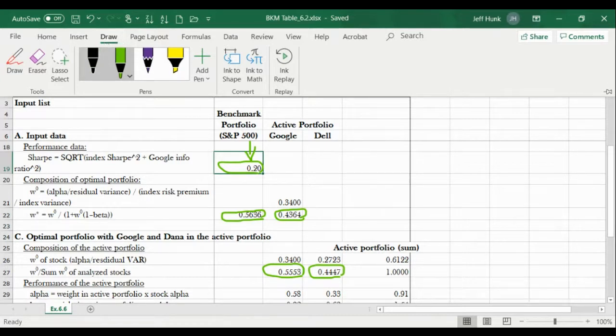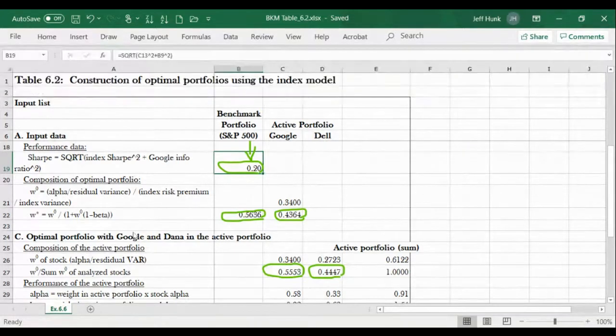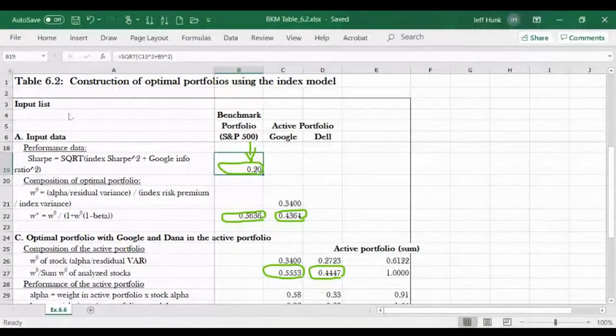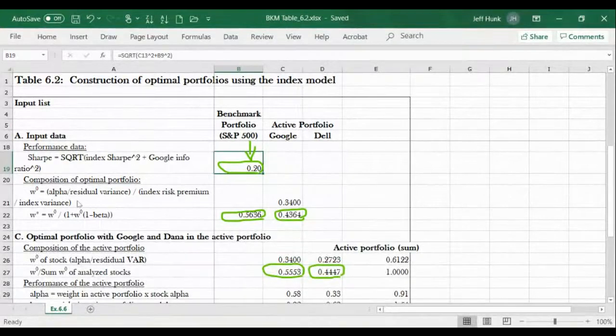The info ratio, right? So total, what's the word? I'm trying to, but let me just write it. It's easier to write. Freehand is always the most difficult thing.